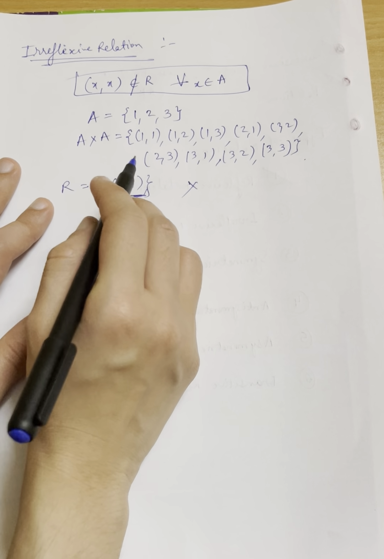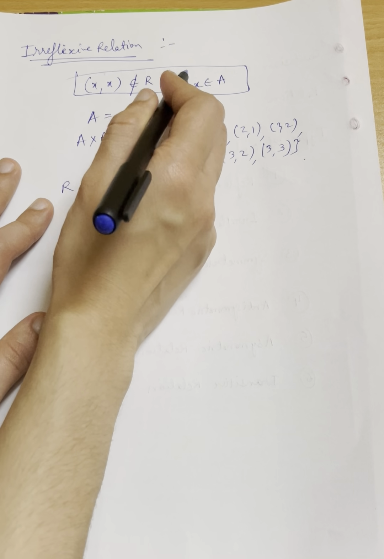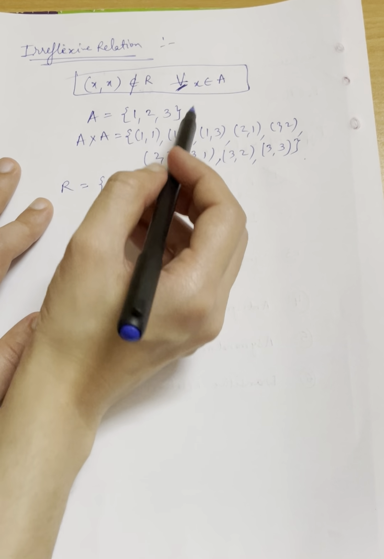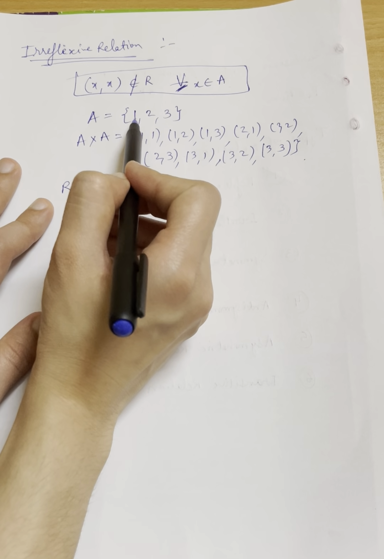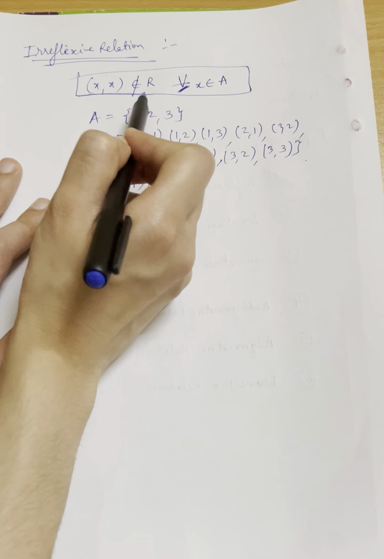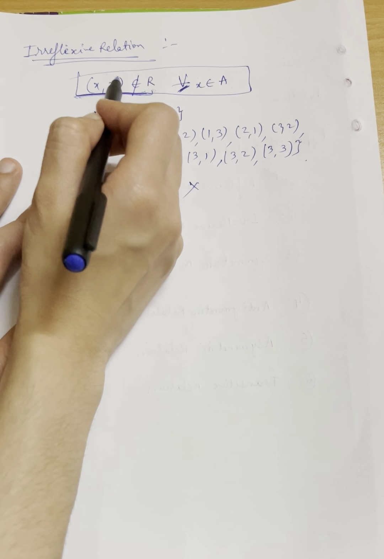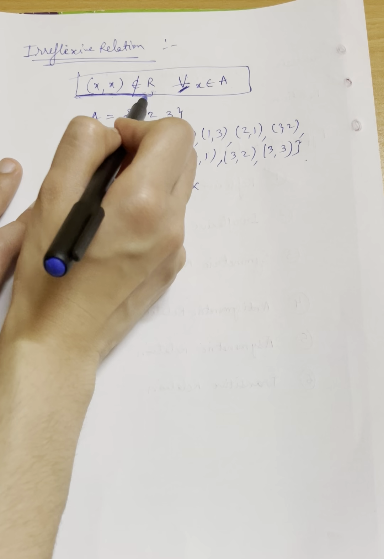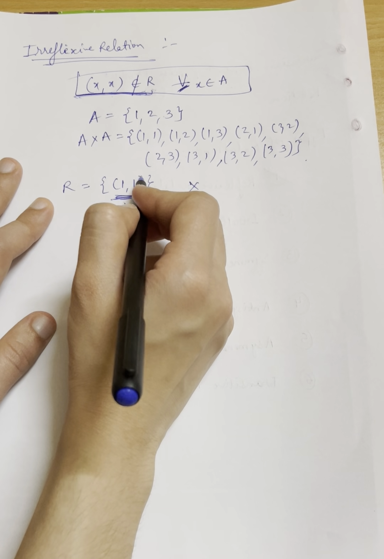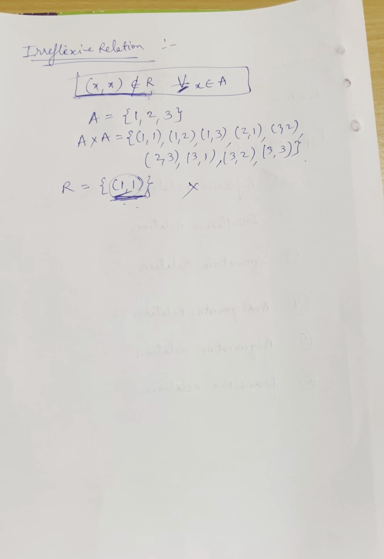Why not? Because the quantifier is for all. So for all x belonging to A, meaning for all elements 1, 2, 3 present in set A, this pair should never belong to this relation. But if any one of the pairs belongs to the relation, then it is not irreflexive.